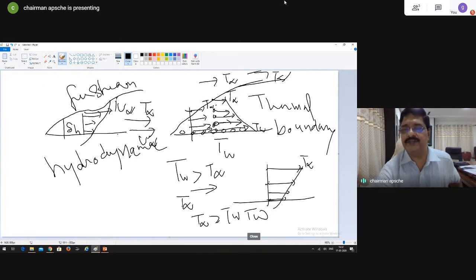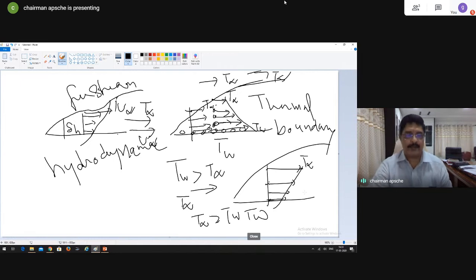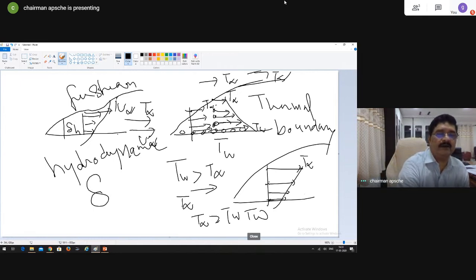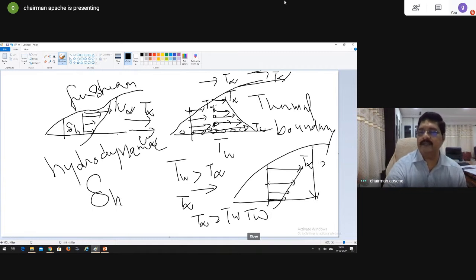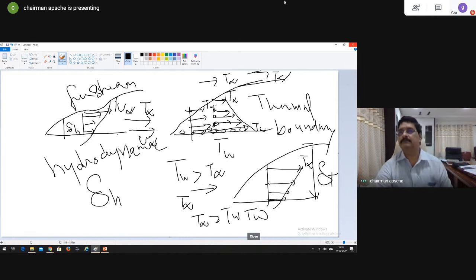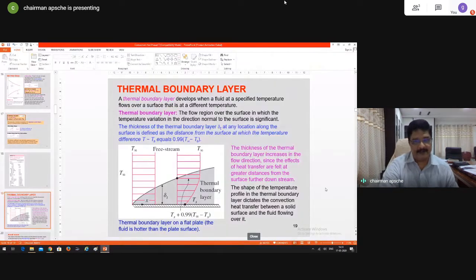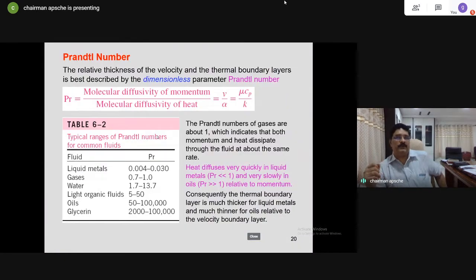So this variation is the thermal boundary layer. The hydrodynamic boundary layer thickness is indicated as delta H. The thermal boundary layer thickness is indicated as delta T. Hot fluid and cold plate, but still the logic applied is the same.